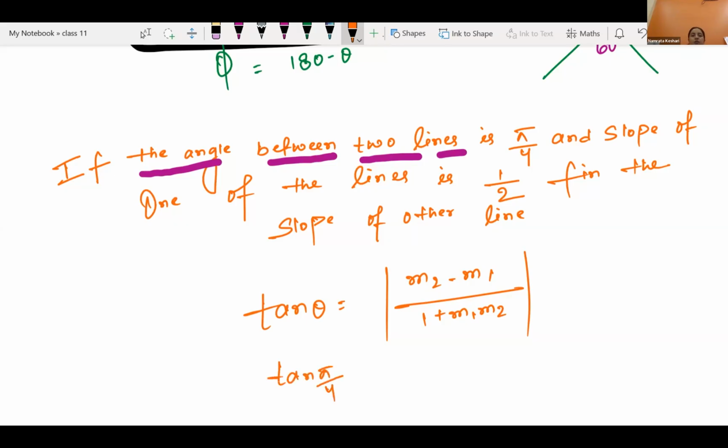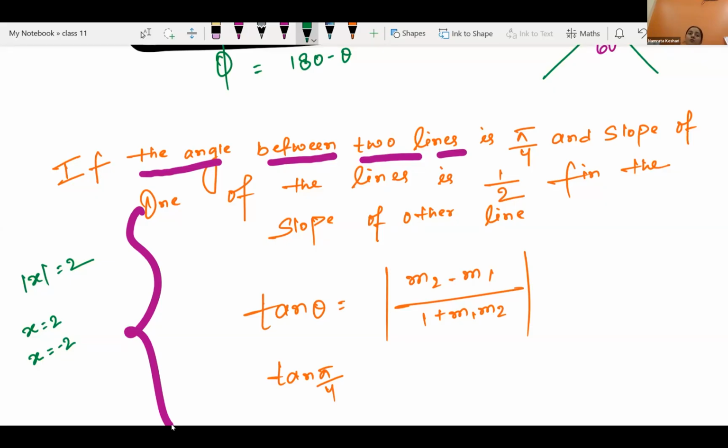Before this, you need to understand that if you have mod x is equal to 2, that means x can be positive 2 or x can be negative 2. Do you know that? Yes. Why? Because inside the modulus x is there and the final answer is 2.